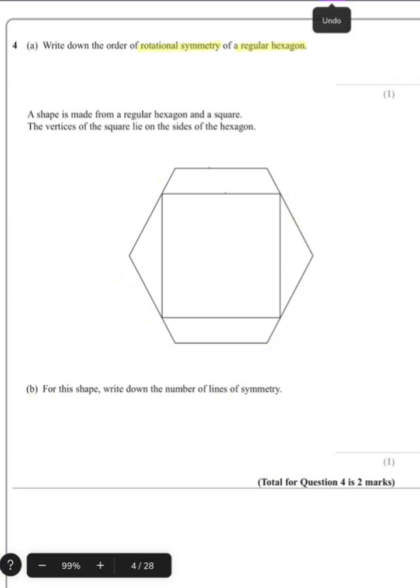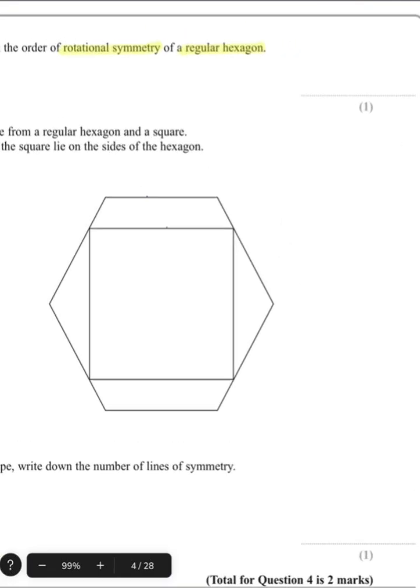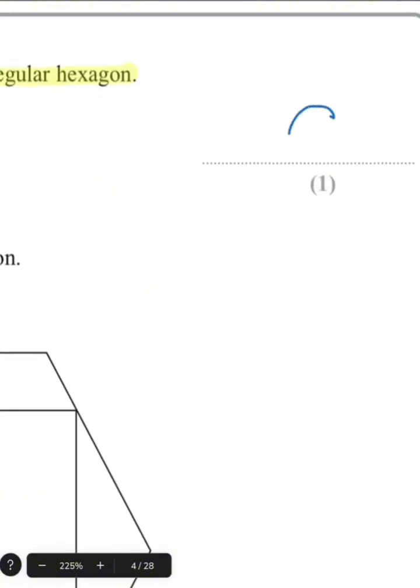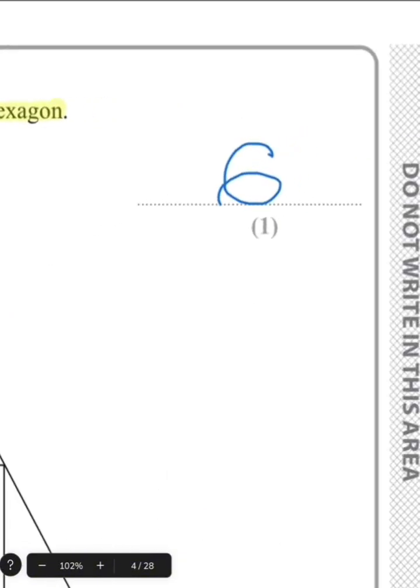So if I turn it 60 degrees or 360 degrees, it will have the same shape. That means it matches itself 6 times during one full turn. So we're gonna write 6 over here.